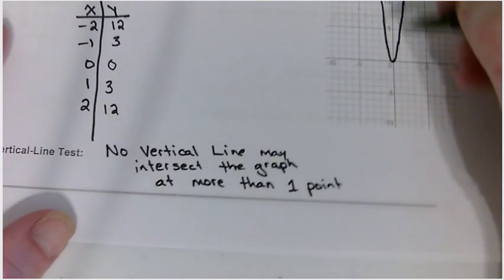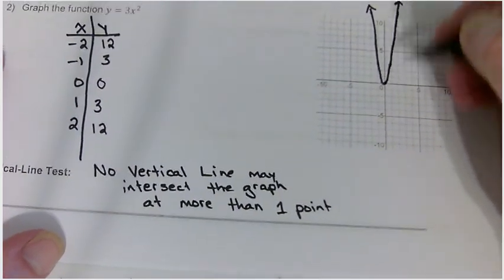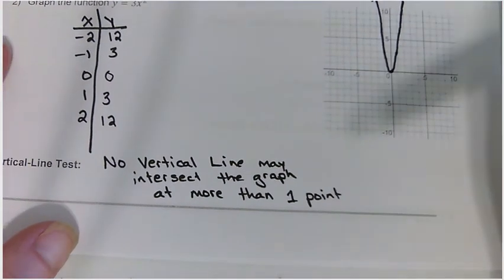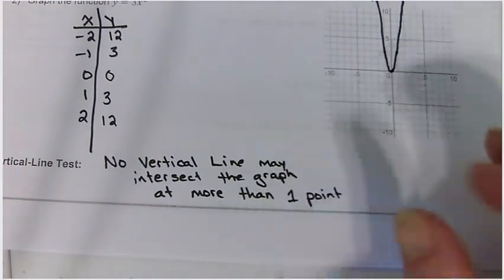So if we look at this graph here, if I drew vertical lines, I'm only hitting the graph at one point. That makes it a function.